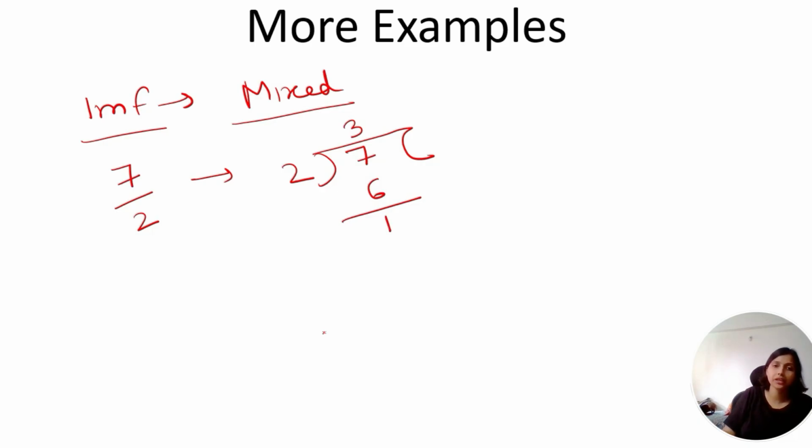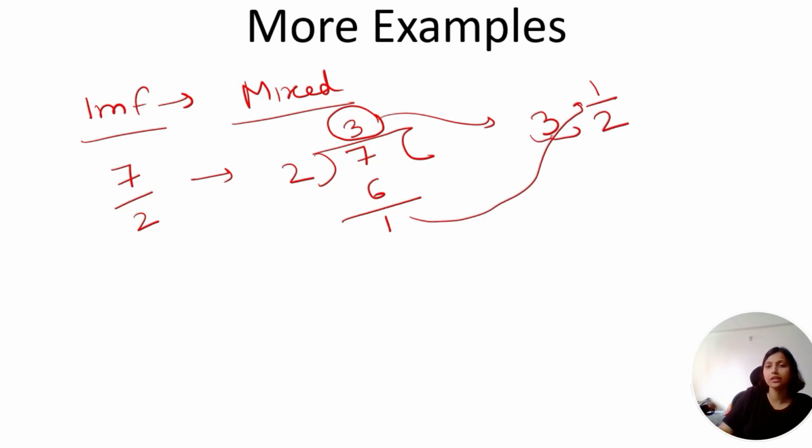So this 3 is the whole part, the complete thing in this improper fraction. Then the remainder comes here at the top. 3 is the whole part, so 7/2 is converted into 3 1/2.